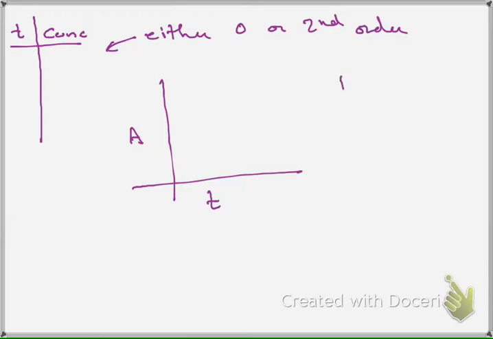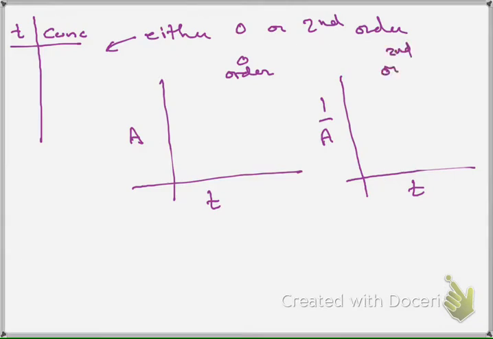And then you also graph 1 over A versus time. So this is zero order, and this is second order. So you can take the same set of data, you don't know the order, right? And you can graph it 2 different ways.